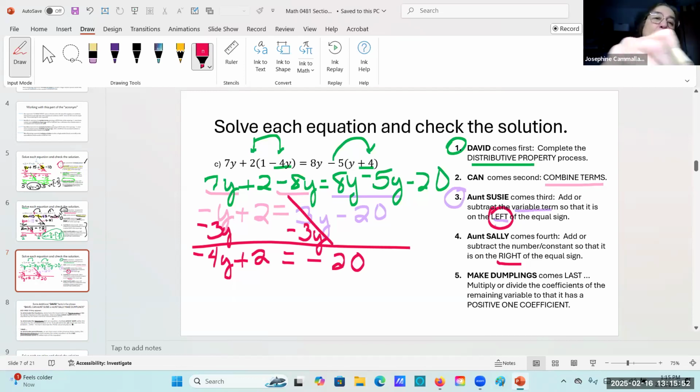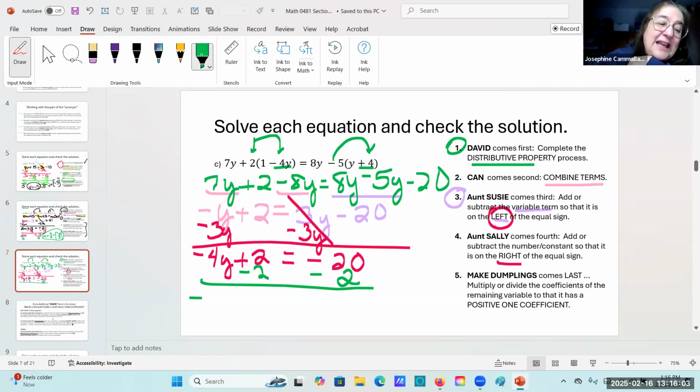Now, we're going to then subtract 2. Well, this will give me a negative 4y is equal to a negative 22. Now, the final thing is I'm going to make dumplings, which means I'm multiplying or dividing.